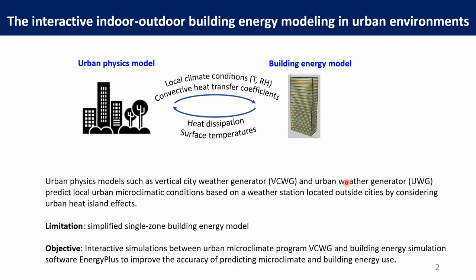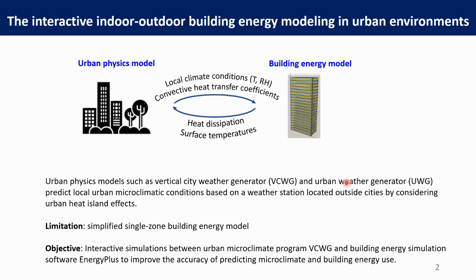So we do the iteration, the coupling within each time step between the two software, the Vertical City Weather Generator, VCWG, and EnergyPlus, to improve the accuracy of the microclimate condition prediction as well as the building energy demand prediction.